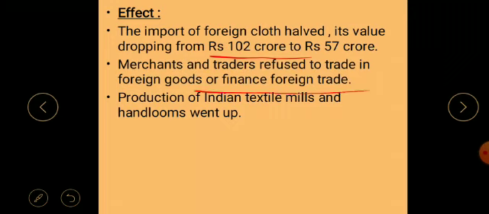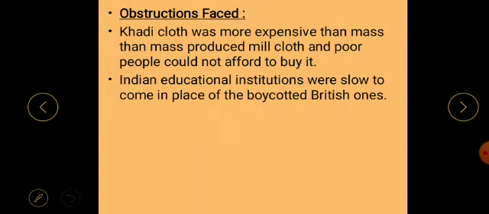The production of Indian textile mills and handlooms went up. The obstacles faced were that khadi cloth was more expensive than mass-produced mill cloth, and poor people could not afford to buy it. And Indian educational institutions were slow to come up to replace the boycotted British ones.